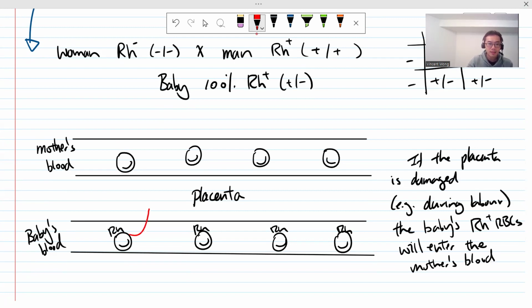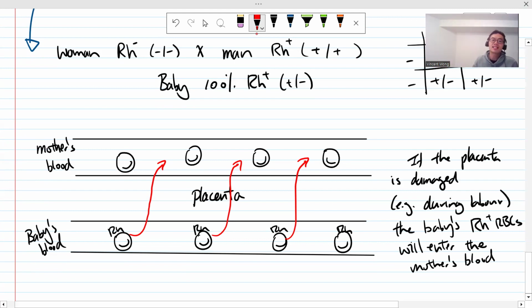These positive cells are going to go into the mother's blood. And the mother is now sensitized. What does it mean? It means she will start to make anti-Rh antibodies.